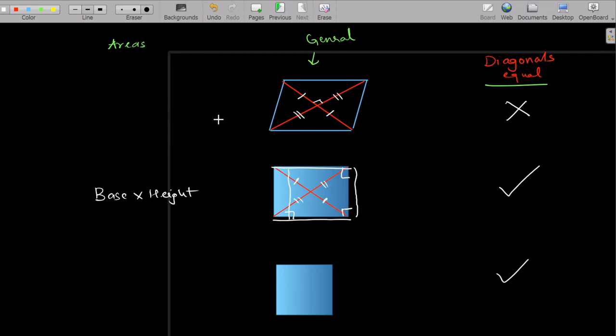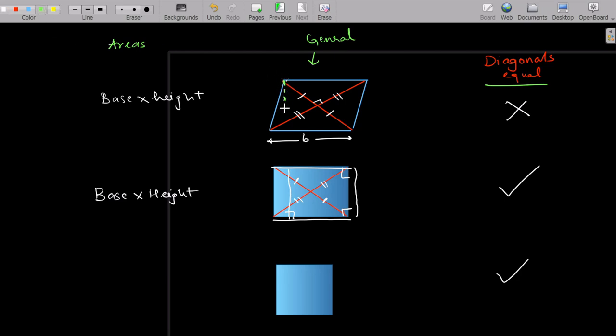Base times height in all different types of parallelograms. So it is going to be base times height for this as well. Here height is always the perpendicular distance between the two parallel sides. See, if this is the base, then height is going to be this perpendicular distance.